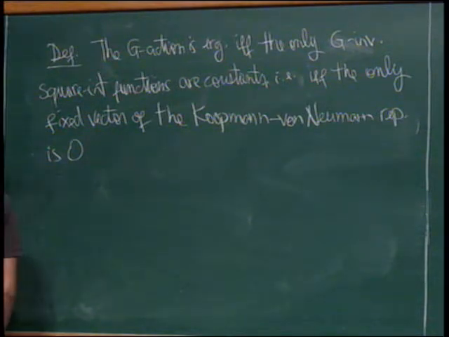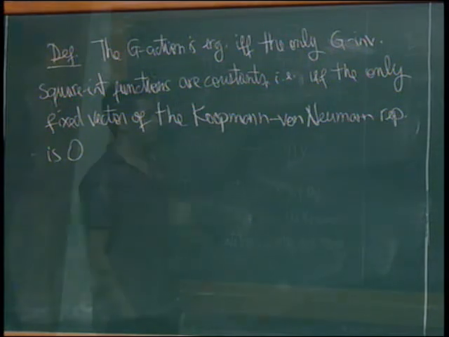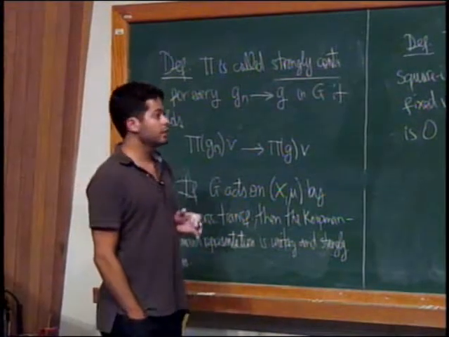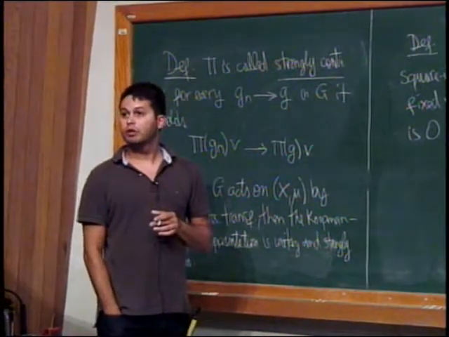And we could abstract this to general representations. You could say that the representation is ergodic if and only if the only fixed vector of it is the 0 vector. Okay?